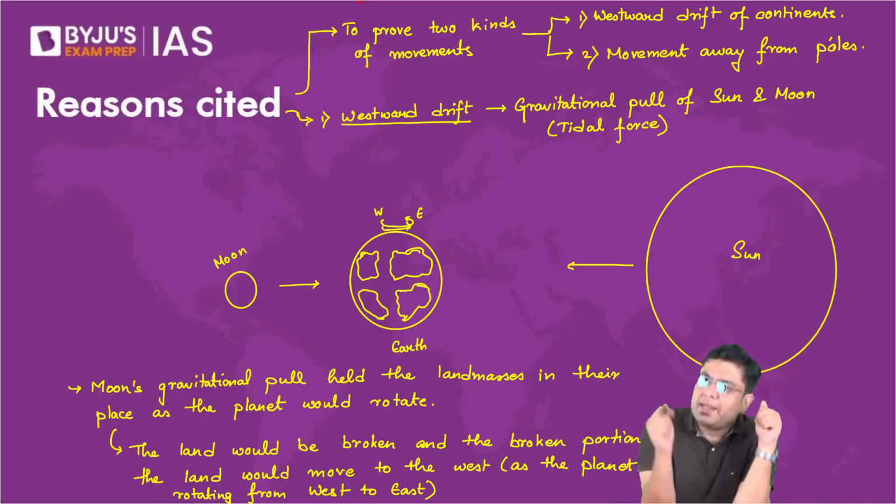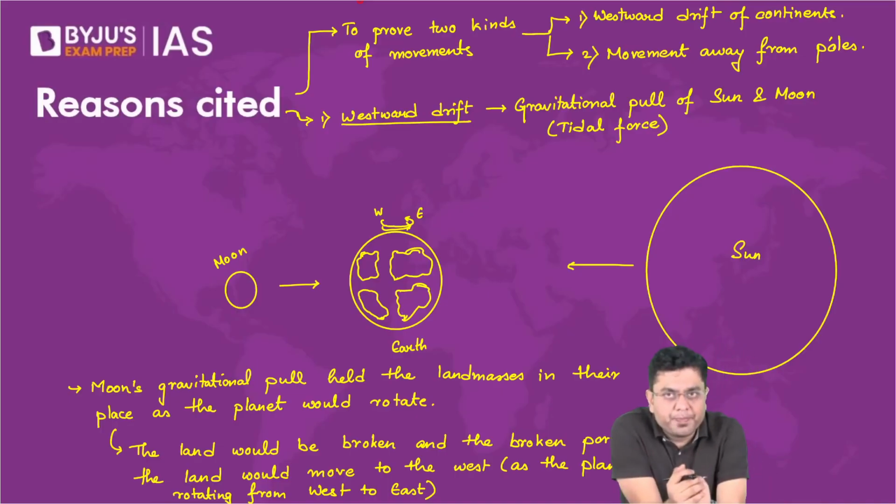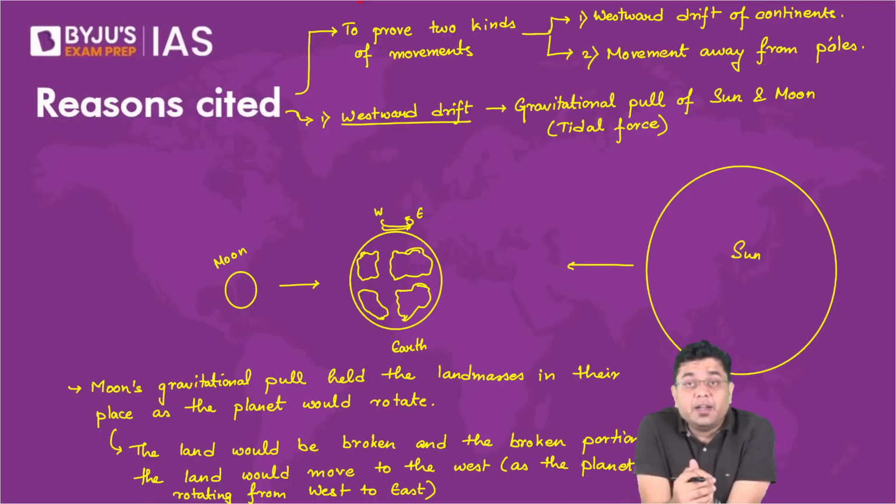Now when I take you back to the fossil evidence indicated by the paleontologists, what they indicated was that you have, for example, a freshwater reptile. How do you get an idea whether it is a freshwater reptile or a saltwater reptile? By looking at the kinds of evidence of food that it would consume.